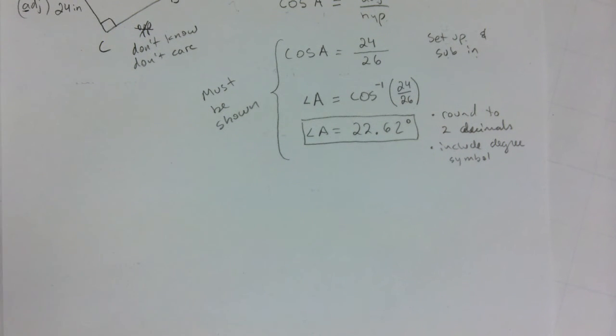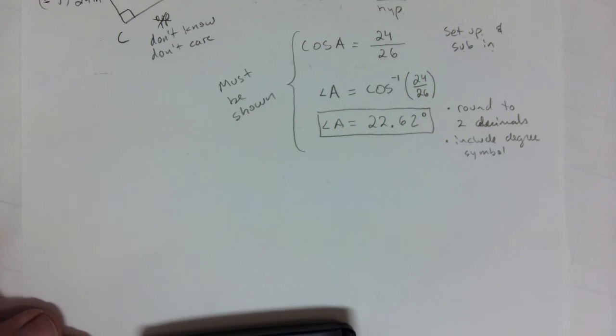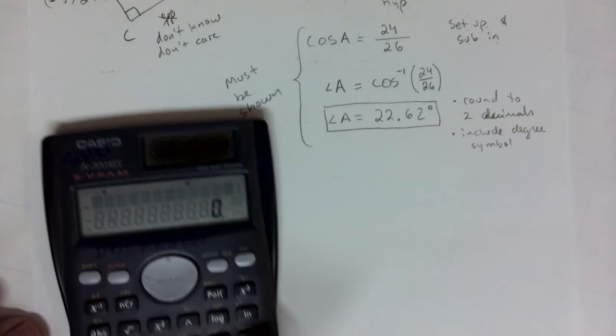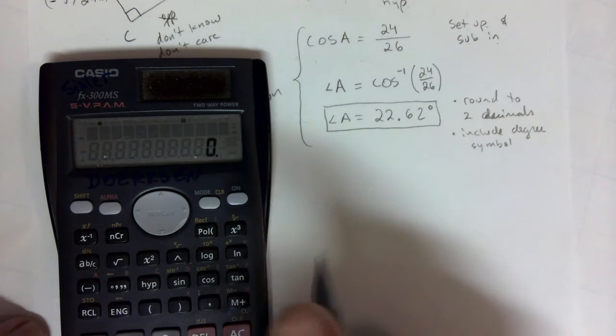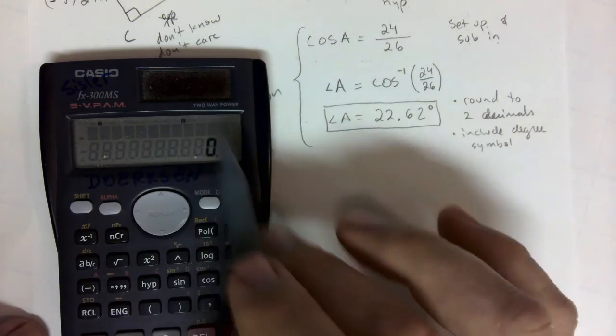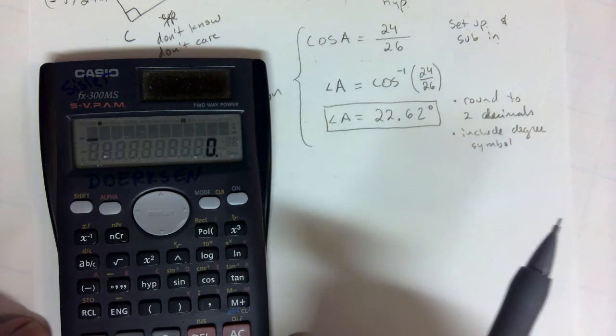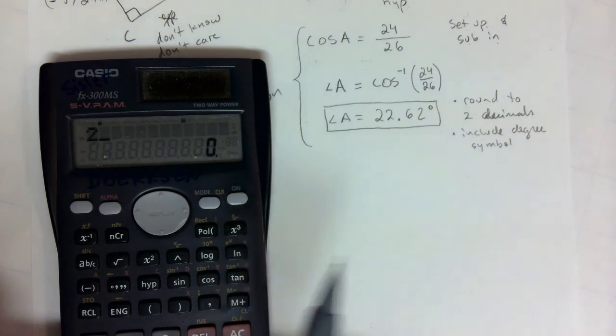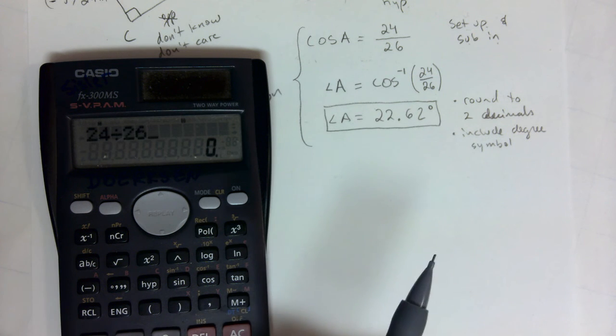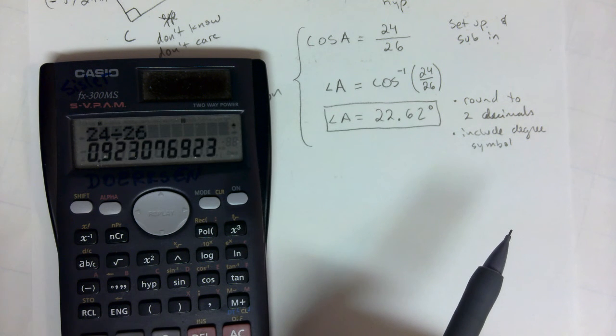Now, some of you are struggling. You're like, I don't know how you got that, Mr. Dirksen. My calculator doesn't have brackets. Look up to your screen again. I'll do it one more time. If you don't have a calculator that shows you what you're typing in, doesn't have brackets, this is how you do it. 24 divided by 26 equals, okay?